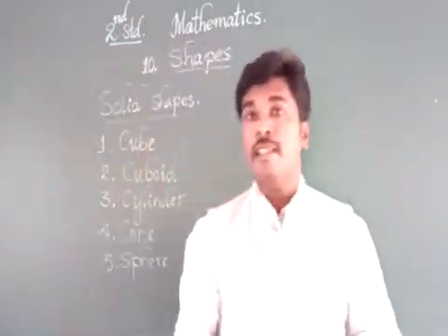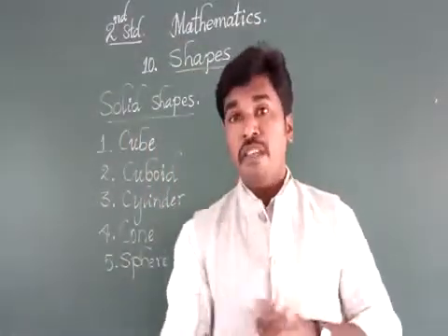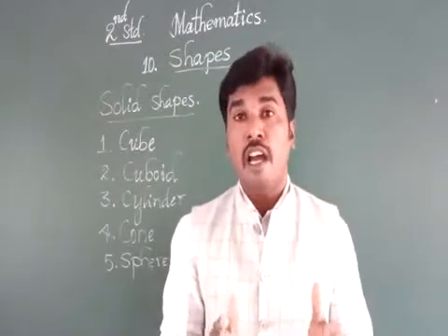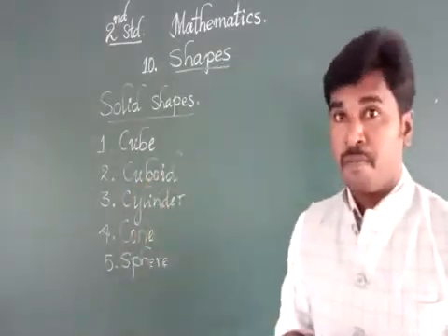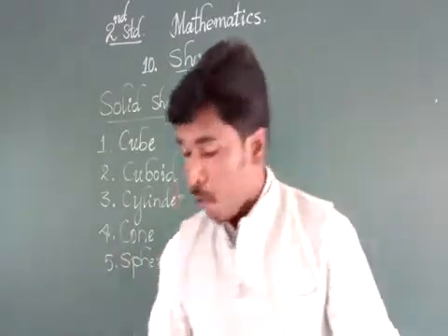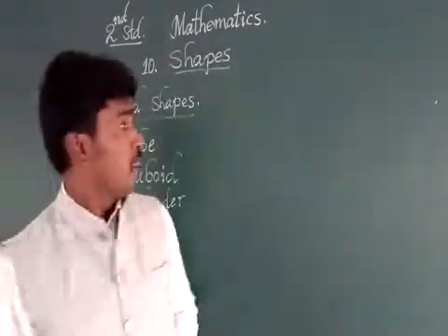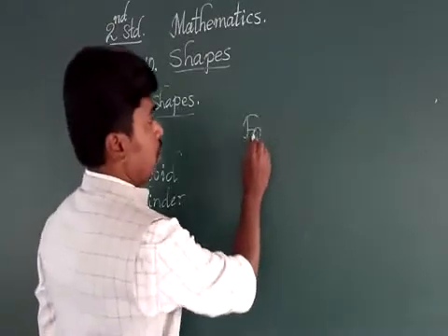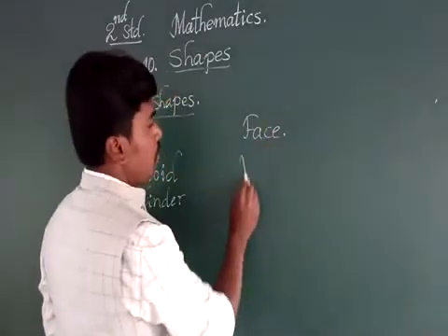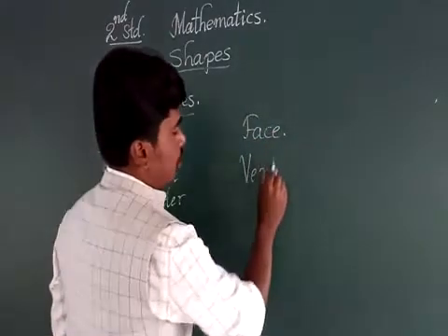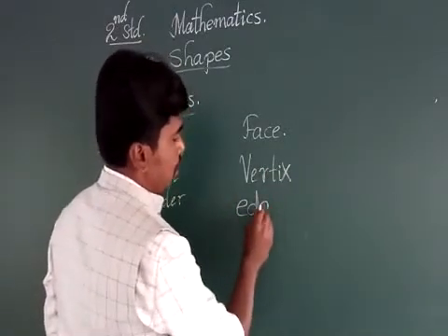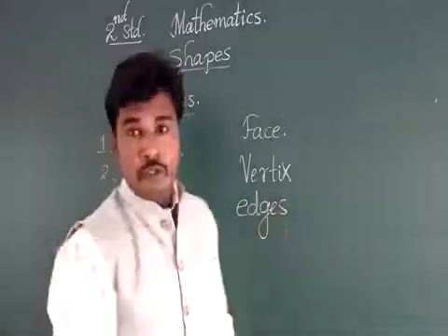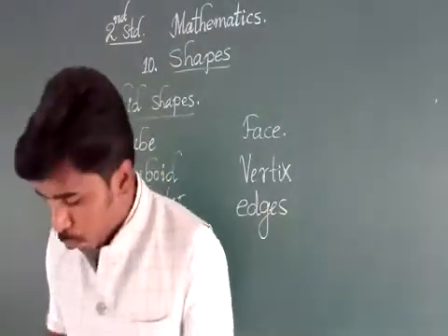Now I am going to explain how many faces, how many vertices, how many edges are there in these solid shapes. Before that, you should know the meaning of face, vertex and edges. So first I would like to take the cube.